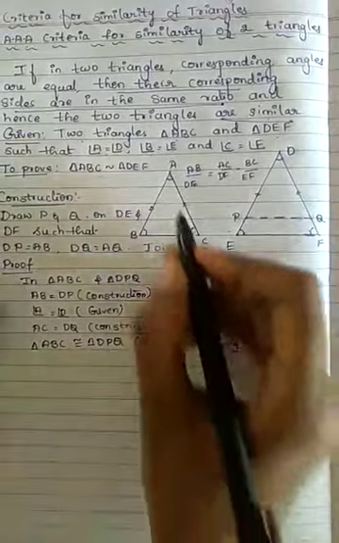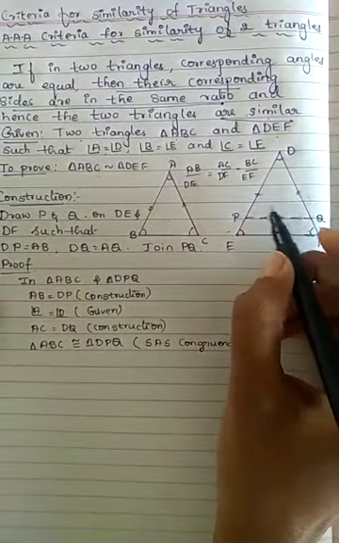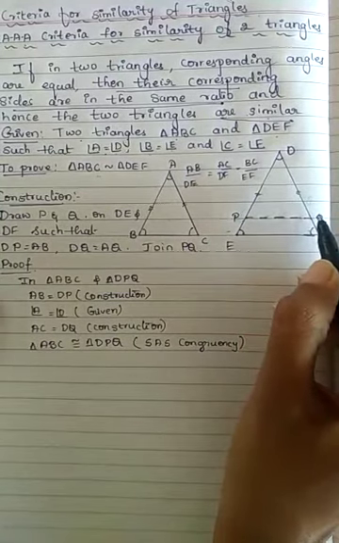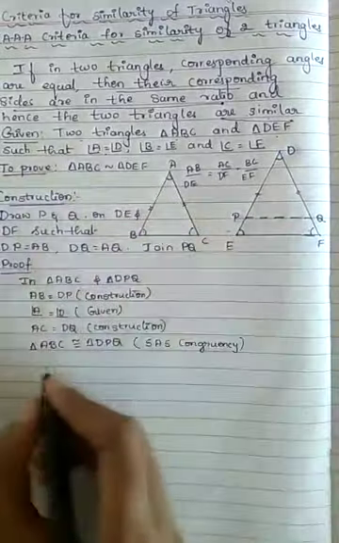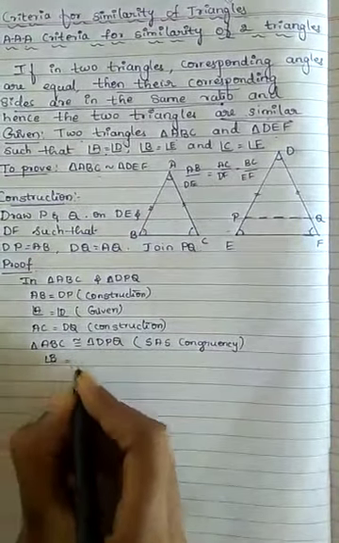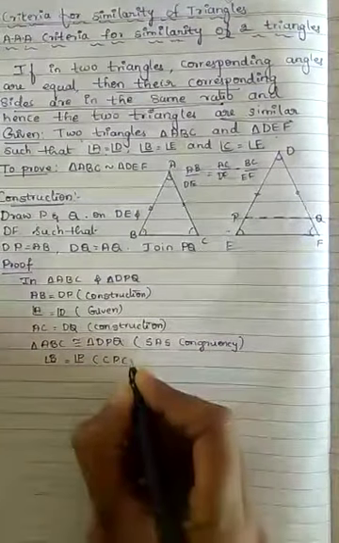Next, once these two triangles are congruent, you can say that corresponding parts of congruent triangles are equal. So angle B is equal to angle P, by corresponding parts of congruent triangles.